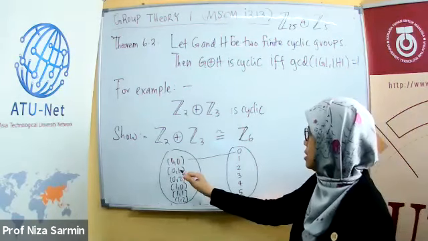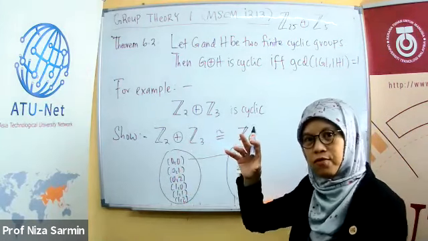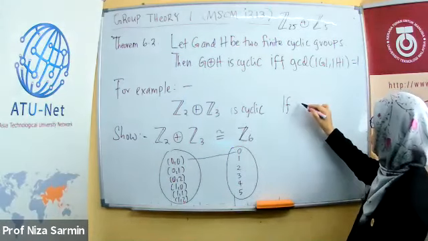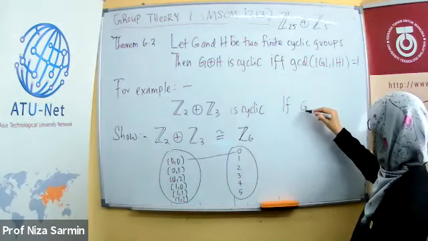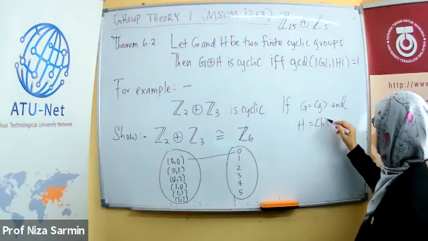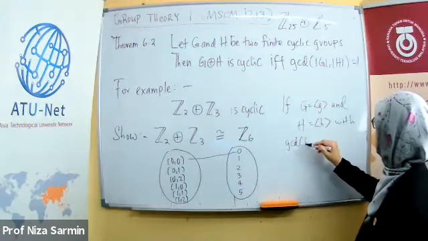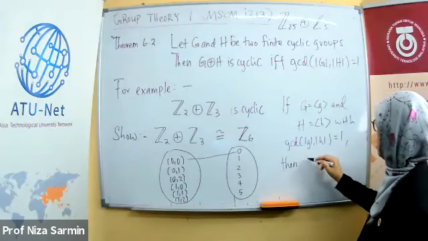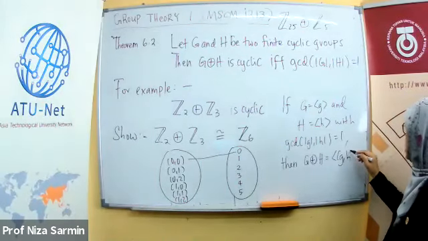I know that this is the generator and the generator. So the generator of the direct product, if G is generated by G and H is generated by H with GCD of G and H equals 1, then this is generated by the generator.